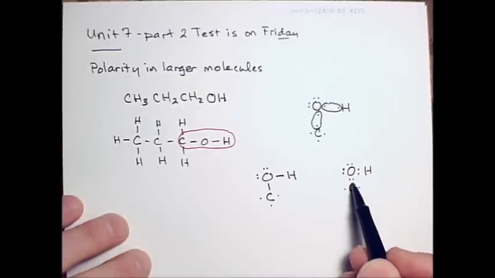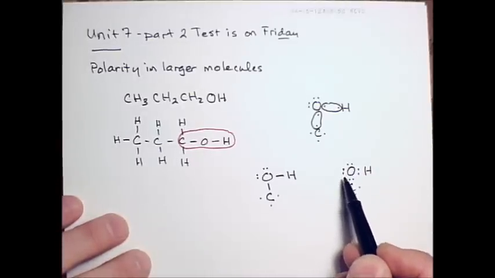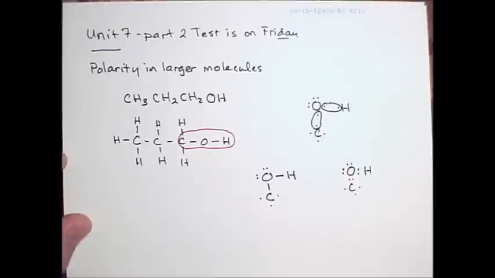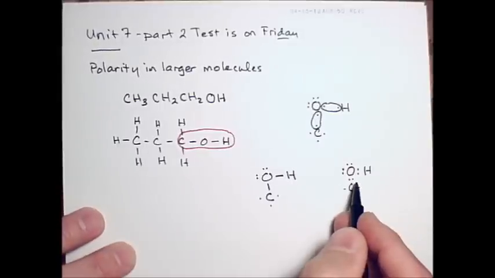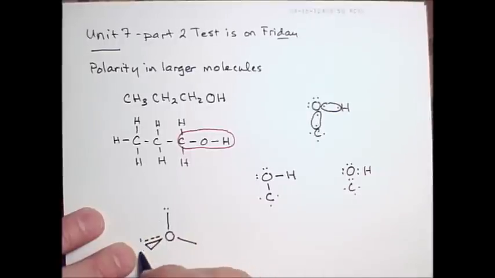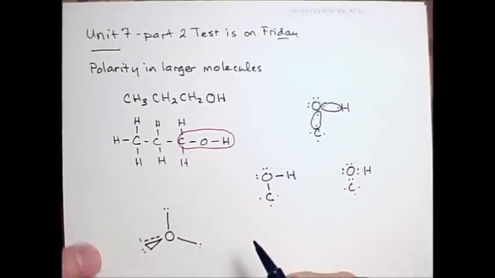So, how many sets of electrons do I have around this central atom? 4 sets. What geometric shape do you have when you have 4 sets of electrons around a central atom? Tetrahedral. So for just that oxygen, there's a tetrahedral arrangement of those electrons. And that looks just like the kind of stuff we did last week.